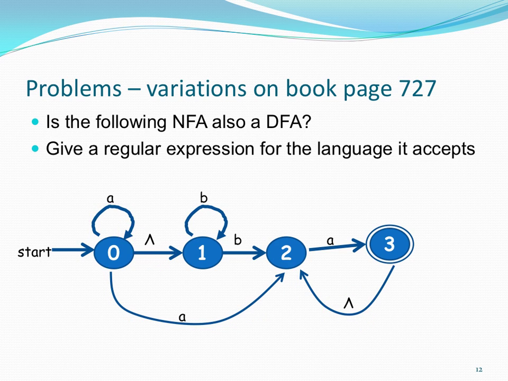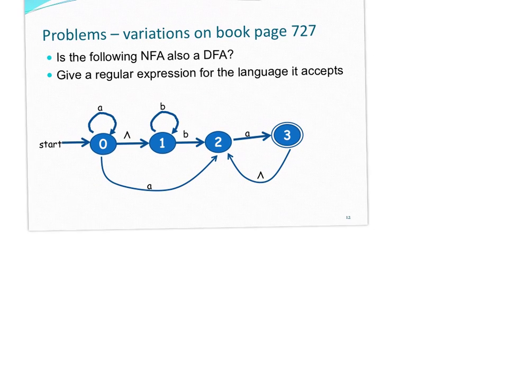Now, figuring out the language it accepts is a little bit trickier. Let's see, what have we got here? If we look at the path that allows us to go through the top of this thing, we've got as many A's as we want, and then a free jump, as many B's as we want, and then at least one B and one A, and that gets us to an accept state. So let me squidge this a little bit so we have a little bit of room.